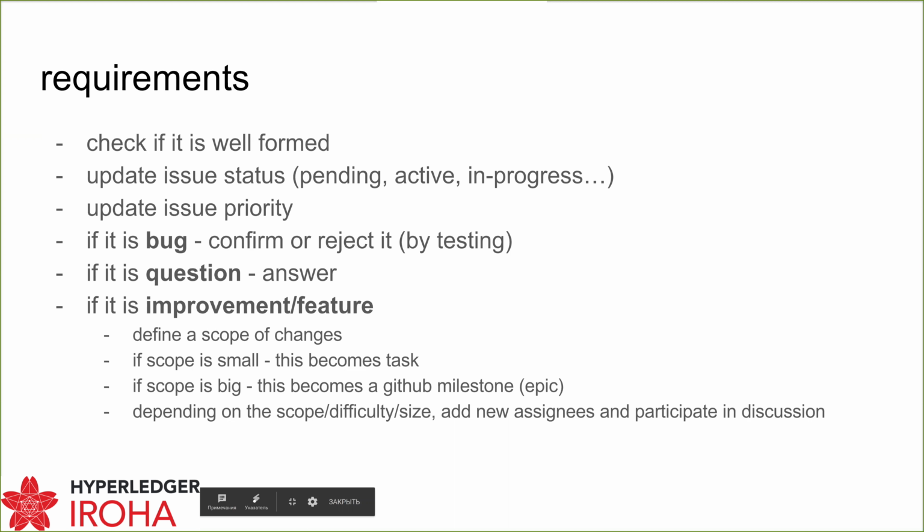This task has to be split into many small subtasks and then proceeded with. In this case, we create a GitHub milestone and assign all sub-issues to this milestone. So depending on the scope or difficulty or size, more assignees can be added to the issue.